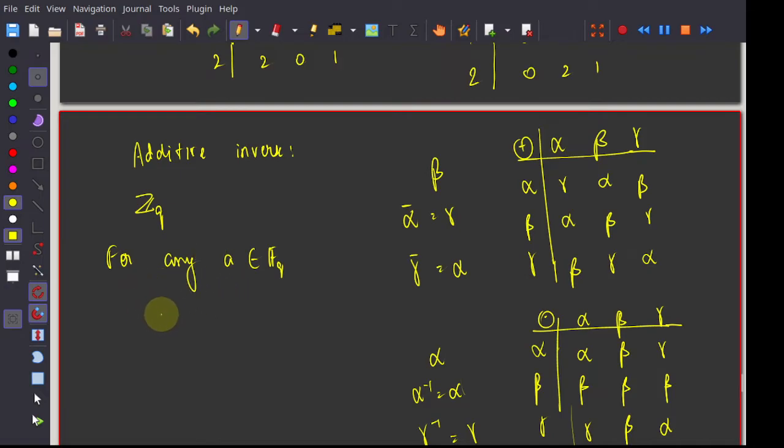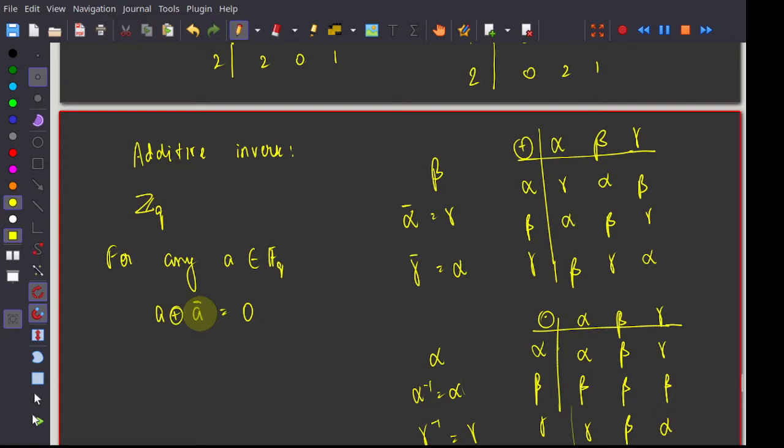Now for the additive inverse, A bar should be equal to 0 because 0 is the additive identity, right? So now for A, what do you think A bar should be? Can you guess?